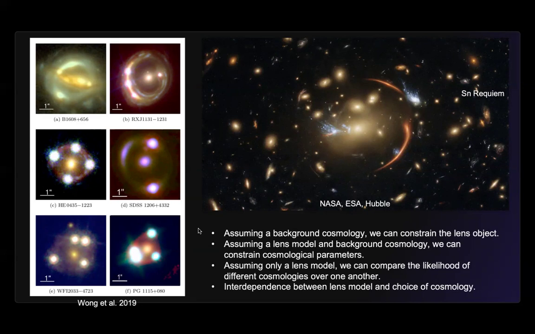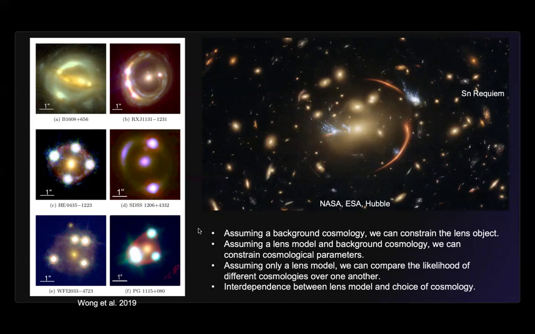So I guess the takeaway here is that if you assume a background cosmology, so you say the universe is lambda CDM, then you can constrain your lens object. You can find out things about the matter density profile of your lens object. Or you can assume a lens model and a background cosmology, and then you can constrain cosmological parameters. So you can say the lens is this kind of lens, the cosmology is this kind of cosmology, and then you can constrain the parameters associated with those two models.